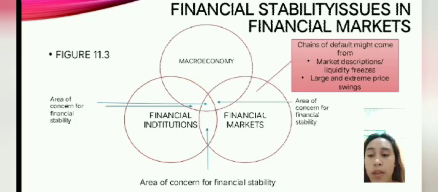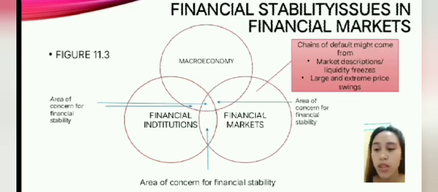Chains of default might come from market disruptions, liquidity freezes, or large and extreme price swings. As we can see from the arrows, the area of concern for financial stability is at the center of the three issues.